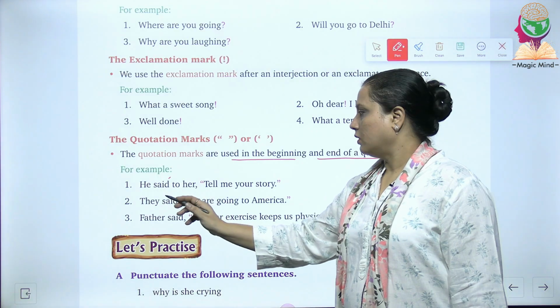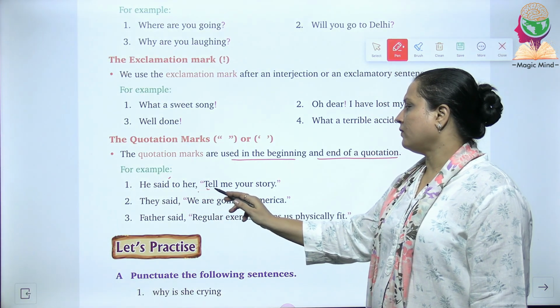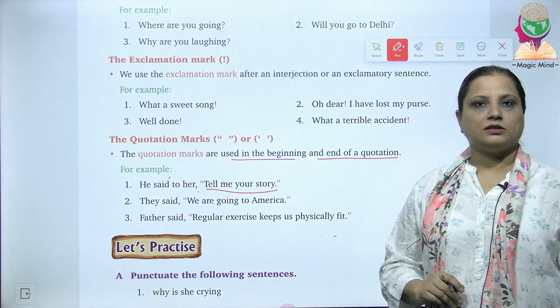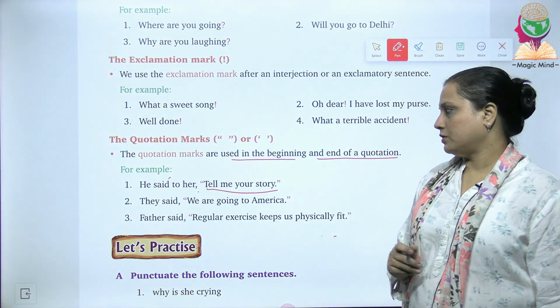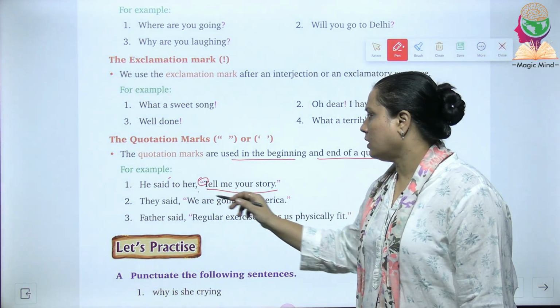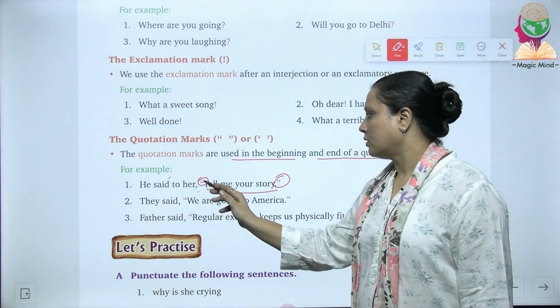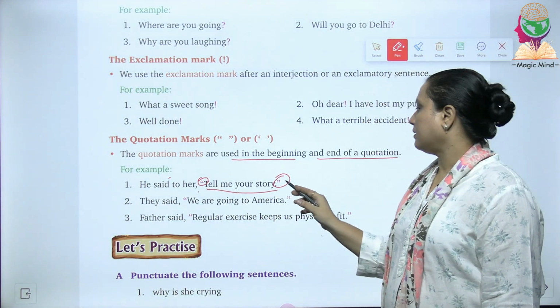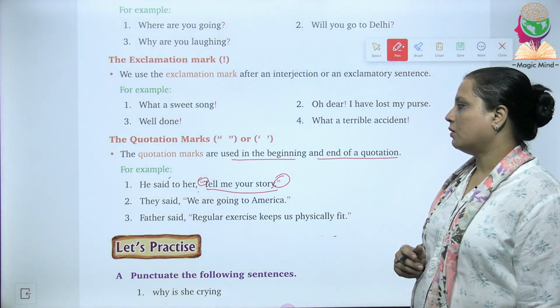For example, he said to her, then a comma. Then when we are writing this part, where we are telling the dialogue or the quotation given by the person, we are putting the quotation mark over here. We will begin the quotation with the mark and then end it also with the quotation mark.